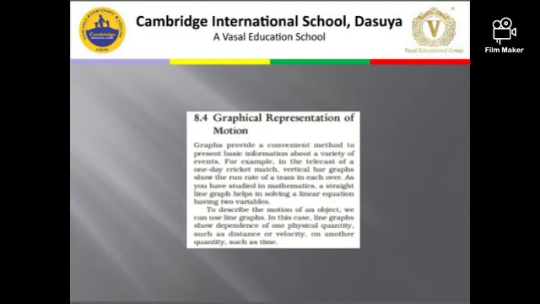Then, to describe the motion of an object, we can use line graphs, the graphs which I have already drawn earlier. In this case, the line graph shows the dependence of one physical quantity, such as distance or velocity, on another quantity, such as time.